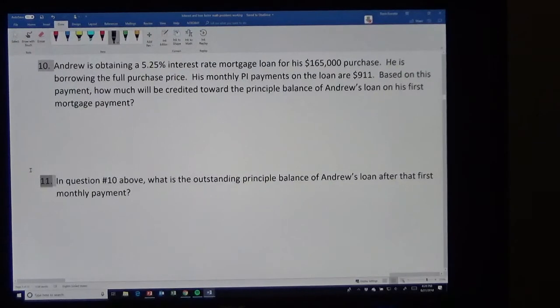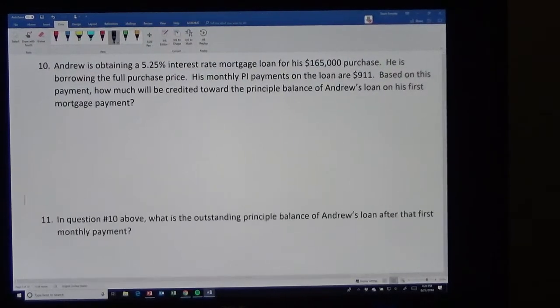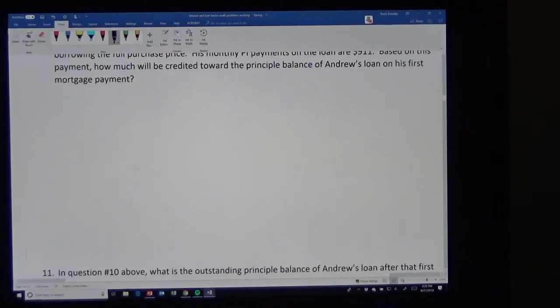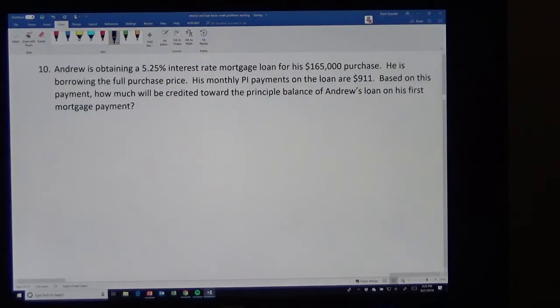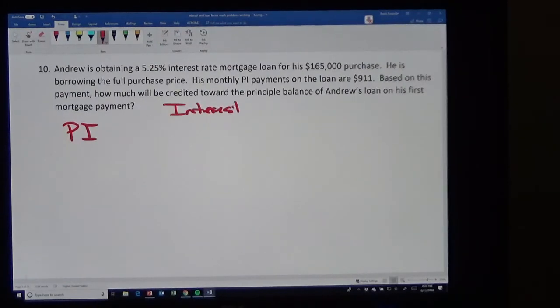of the things that we have to pay attention to is the order in which those expenses get paid. We might call it a PI payment with the principal listed first, but we pay the interest first. So interest paid first.